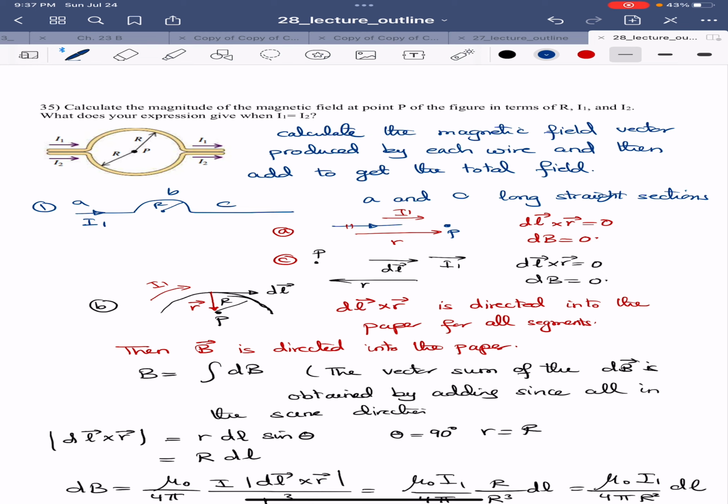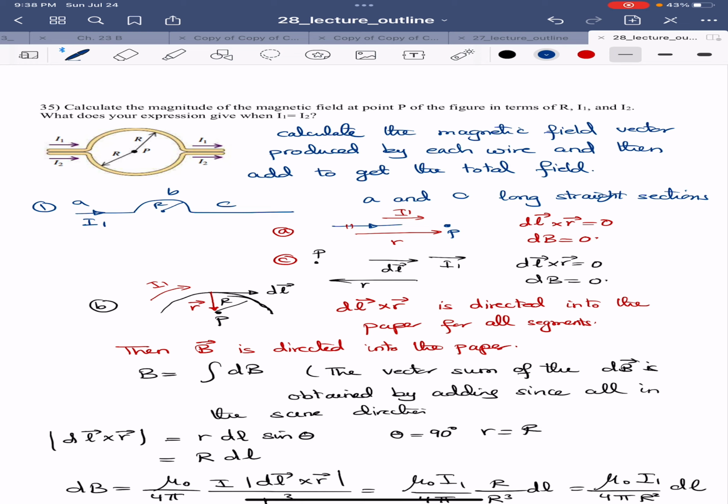For the circular, dL over r times r is directed into the paper for all segments, and then B is directed into the paper. And again, this is using what is called the cross product rule.